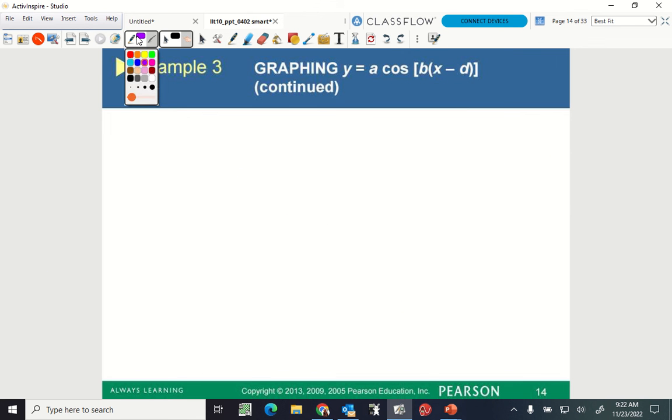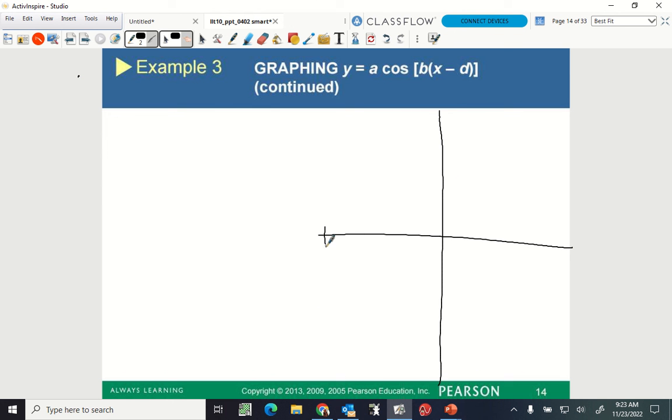So this one is changing because I did try and draw it before, but it was way to the left. But that was far, so negative pi over 3 is here, positive pi over 3 is here. Right in the middle I should have 0, right?